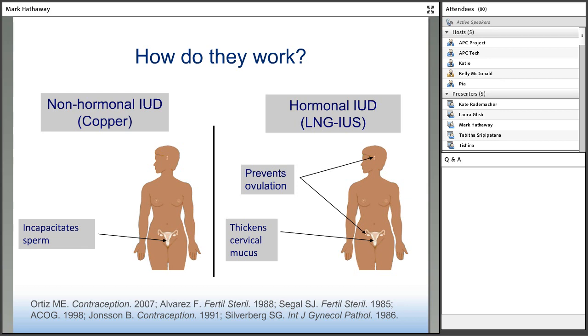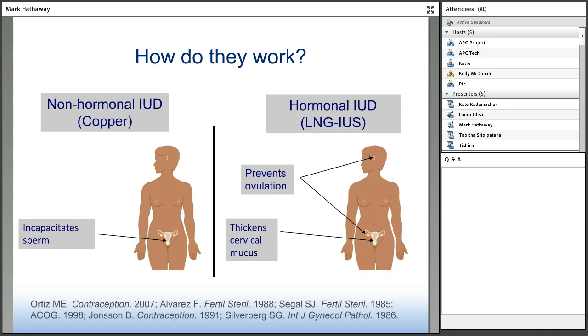On the right, you'll see the hormonal IUDs, or the levonorgestrel intrauterine system. The LNG-IUS refers to the levonorgestrel intrauterine system, a progestin-containing hormonal IUD. All of the hormonal IUDs are progestin only, and it mainly functions by thickening the cervical mucus.